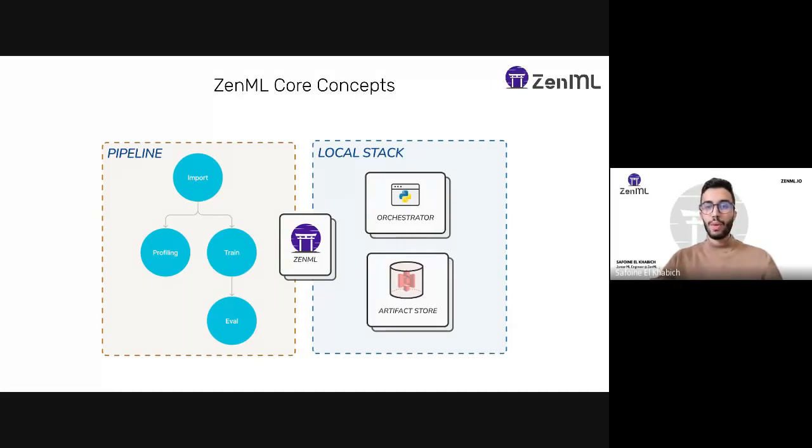For example, we have the orchestrator, and there are multiple flavors: a local one and remote ones, such as Kubeflow or Tecton and others. And for the artifact store, it's the configuration where the files are going to be stored. There are flavors for S3 buckets, Azure Blob Storage, GCP and others.